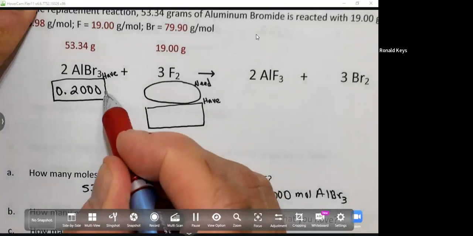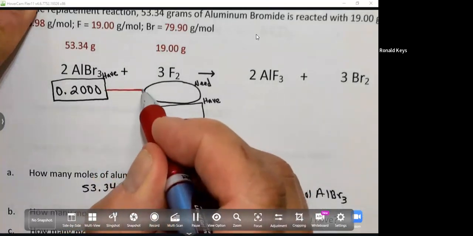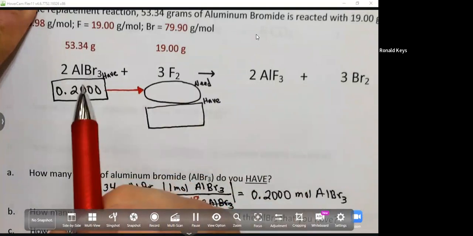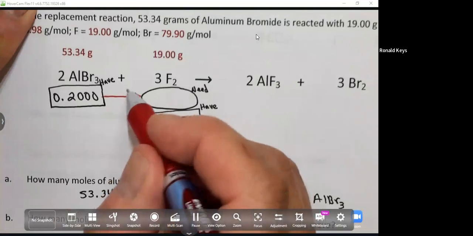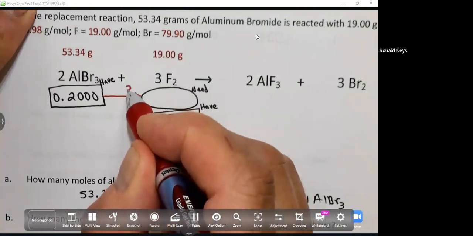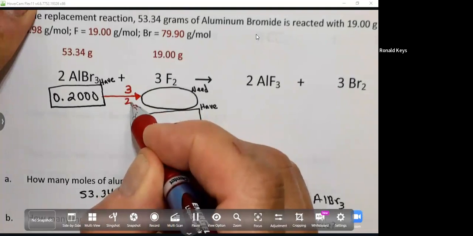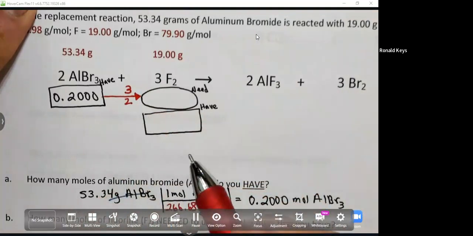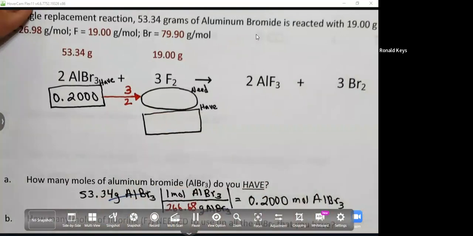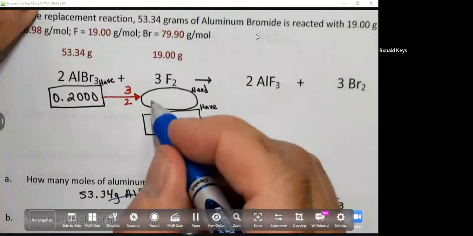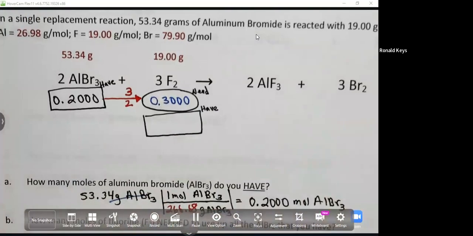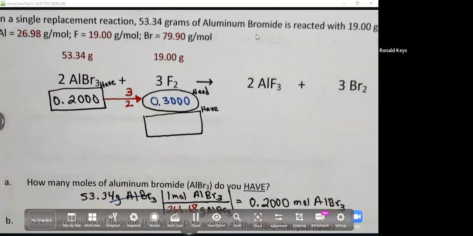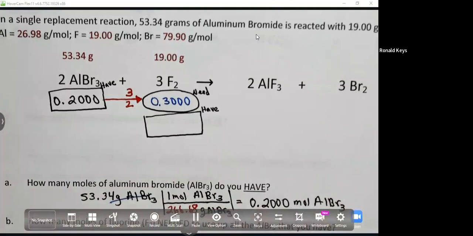Let's draw our arrow to figure out how many moles of fluorine we need to use all of this up. How many moles of fluorine do we need? The mole ratio is 3/2, right? So we need 0.3. So the next logical question is, how many moles of fluorine do we have?